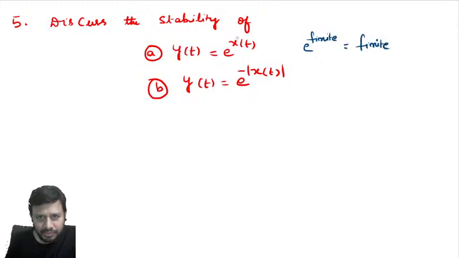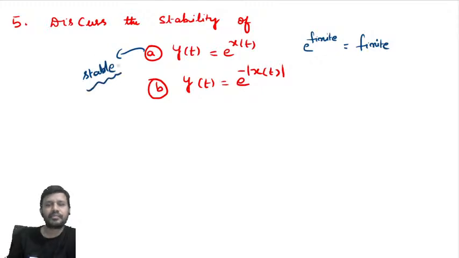If you apply a bounded input, you are going to get bounded output for the first system. So the first one is stable. y of t is equal to e power x of t is stable.